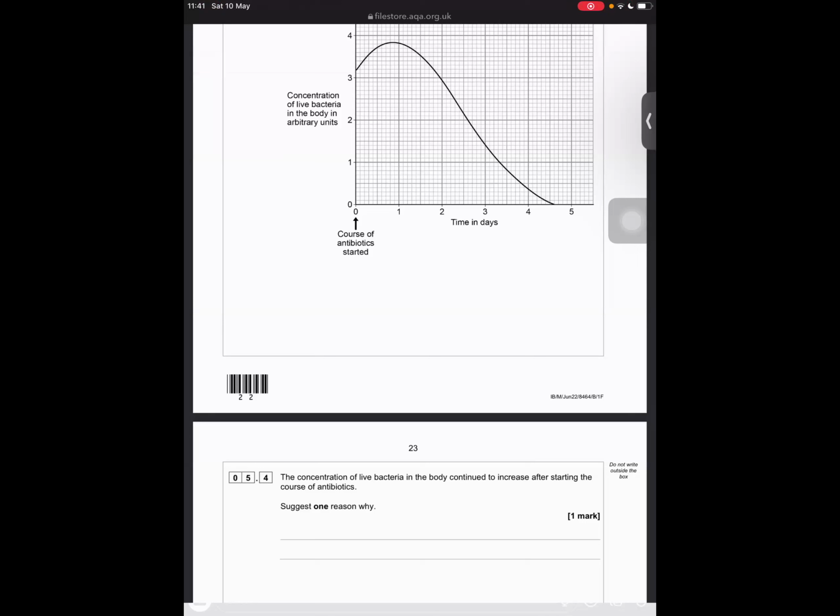So the course of antibiotics now got introduced. They will advise that the child doesn't take beyond a certain dose. So the dosage will increase in the body over time. Do you understand what I'm trying to say? Yeah. The dosage of the antibiotics will increase in the body.